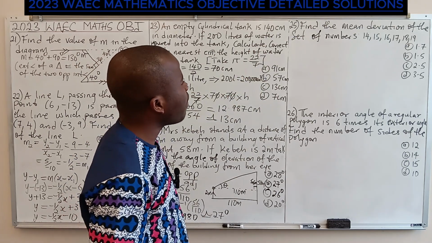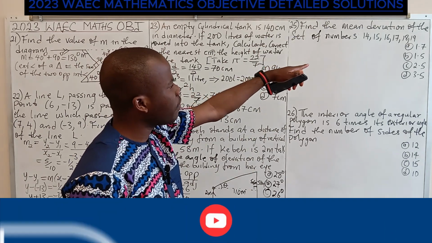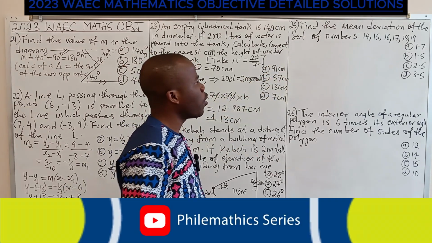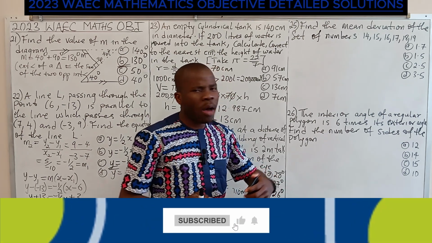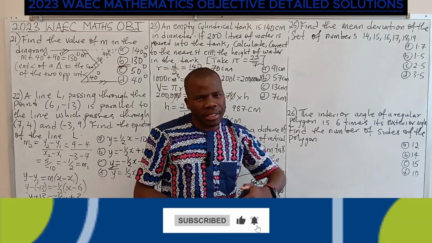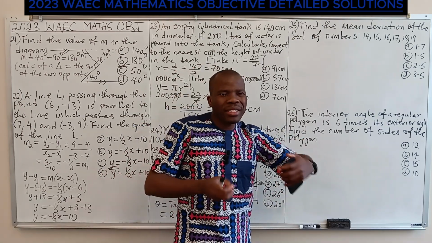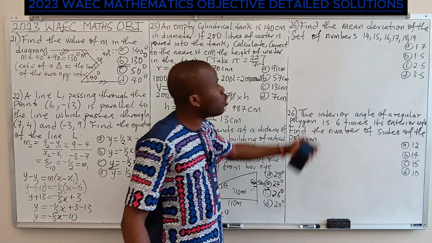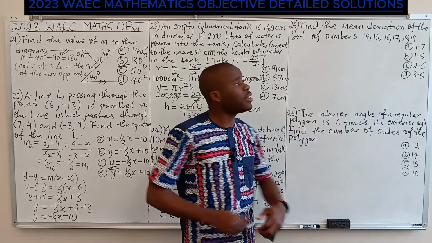25 says, find the mean deviation of the set of numbers 14, 15, 16, 17, 18, 19. For us to find the mean deviation, it means how does this set of numbers deviate from the mean? By what amount does this set of numbers deviate from the mean? So first of all, find the mean before we look for how they deviate.